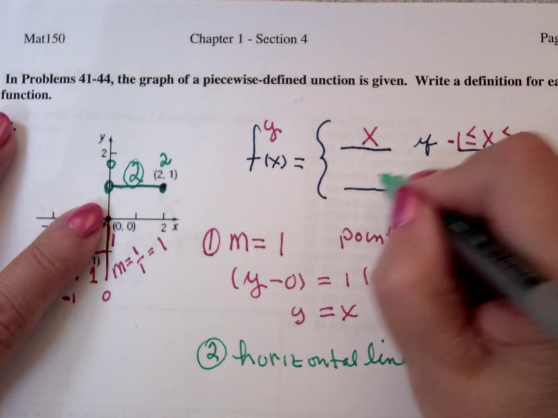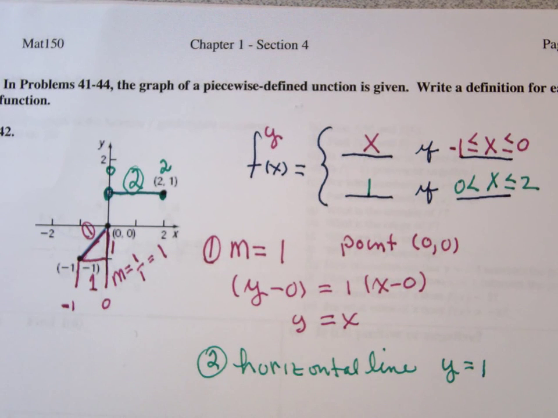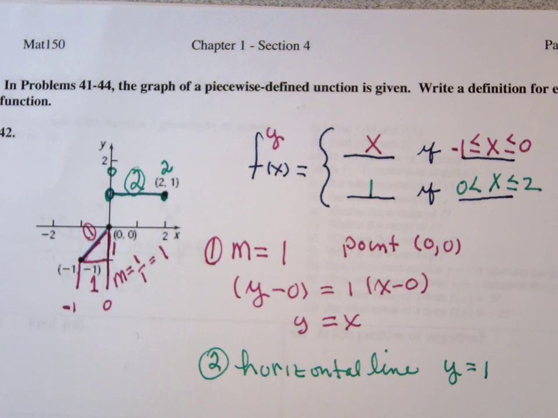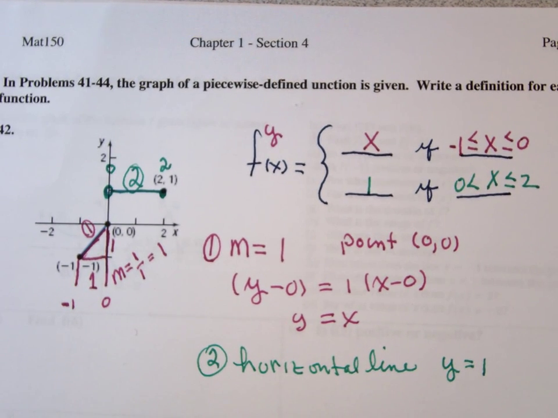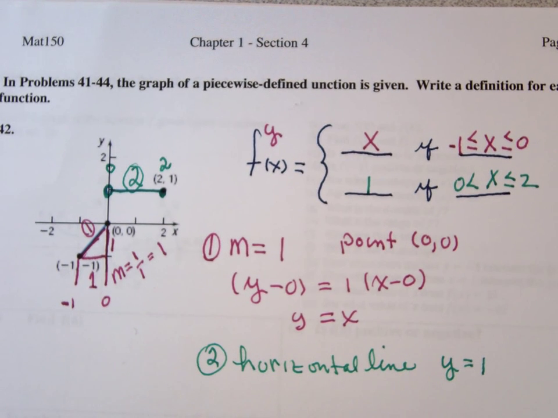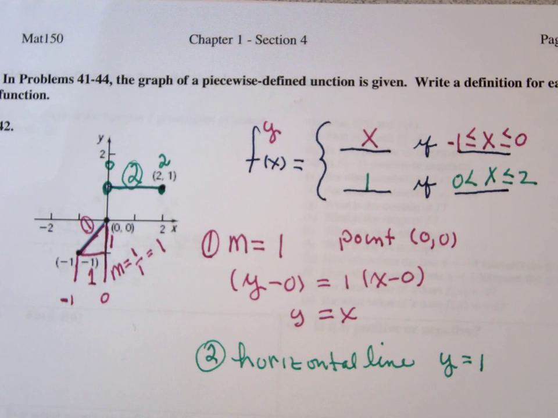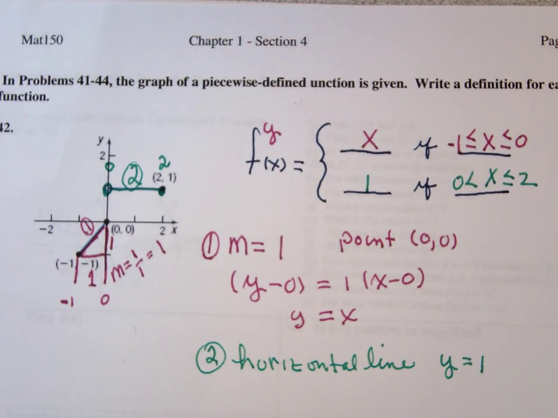So that says y equals 1 if x is between 0 and 2. Vertical lines are always x equal. Horizontal lines are always y equal because they're constants. Vertical, x never changes. Horizontal, y never changes.